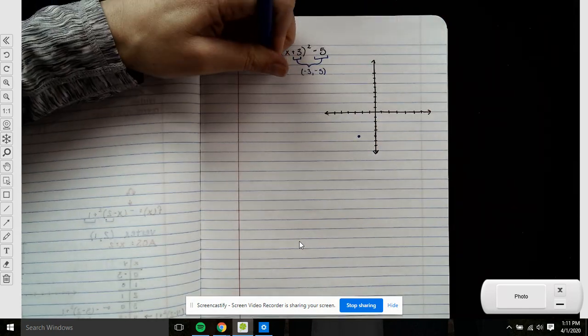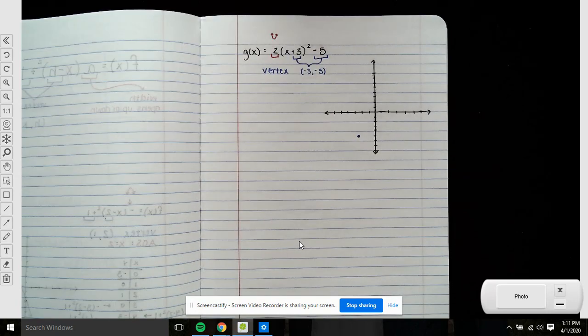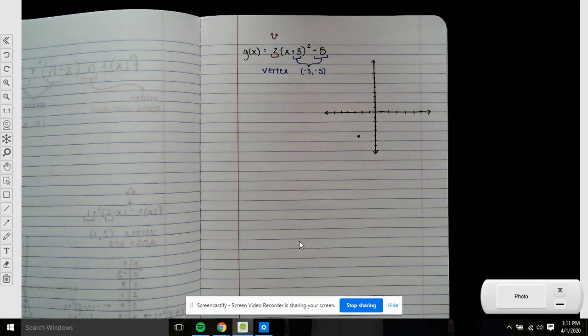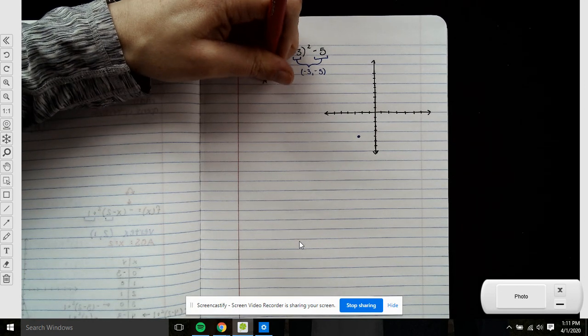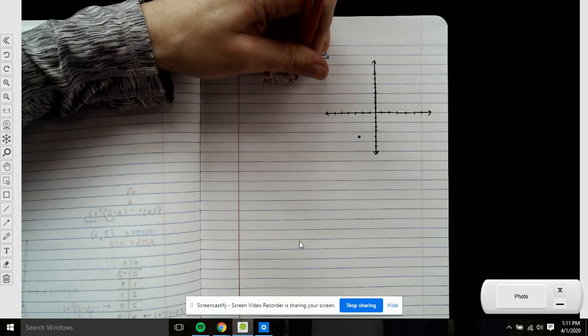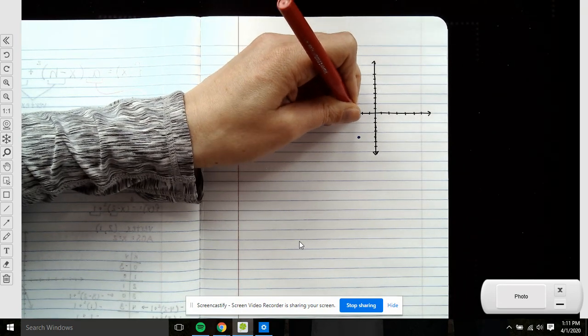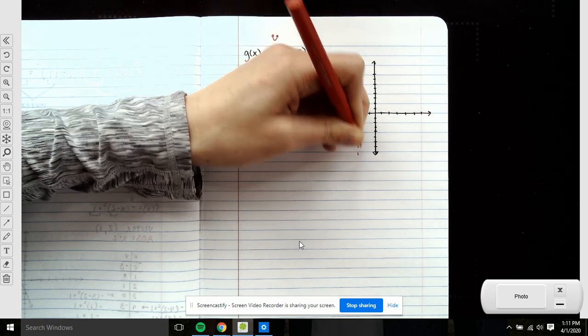There's my vertex. And from that, I can recognize my axis of symmetry, which would be x equals negative 3. Axis of symmetry, x equals negative 3. And I will plot that here.